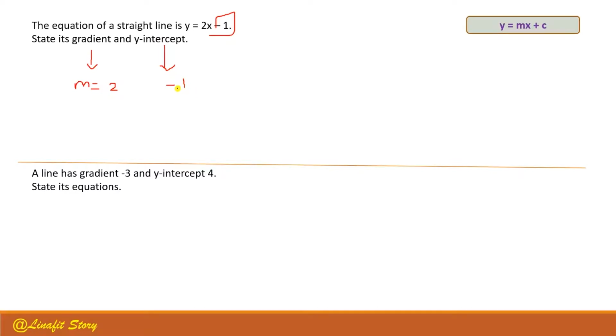So the equation of the straight line is y is equal to mx plus c. y is equal to 2x plus negative 1. So y is equal to 2x minus 1. A line has gradient negative 3 and y-intercept 4.